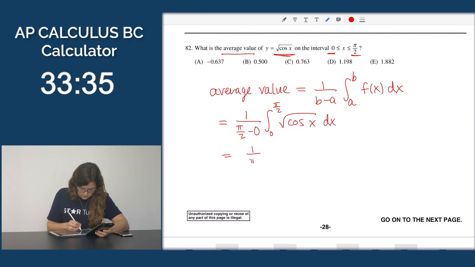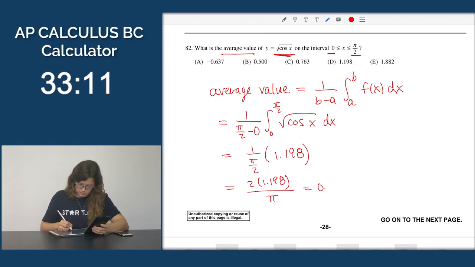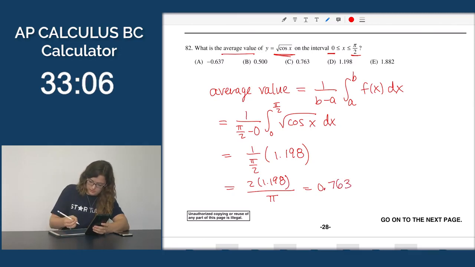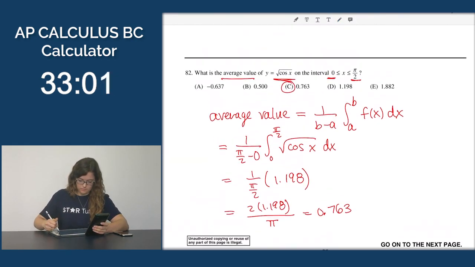So I've got 1 over pi over 2 times 1.198. Flip this, this is 2 times 1.198 over pi. I'll ask my calculator what that is. So times 2, divide by pi. And it tells me it's 0.7628, which is approximately 0.763, which is C. Cool.